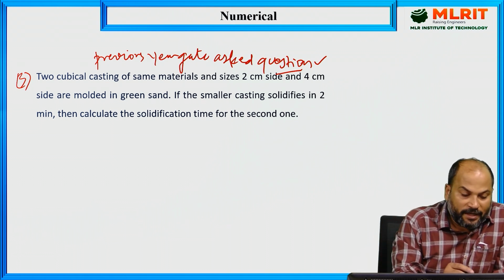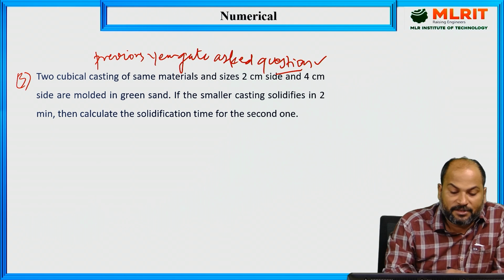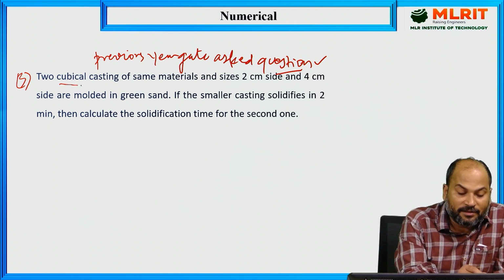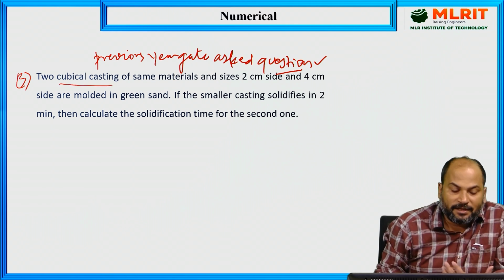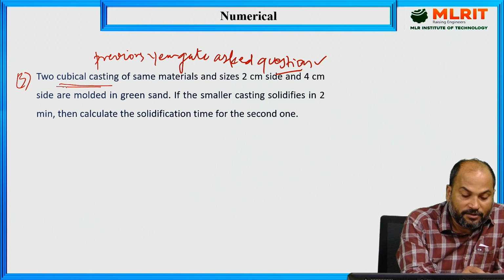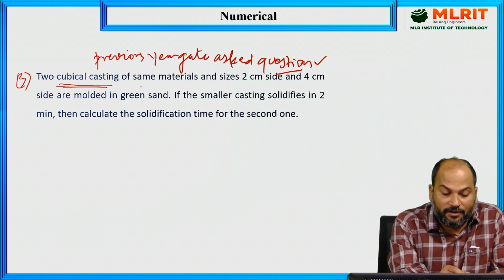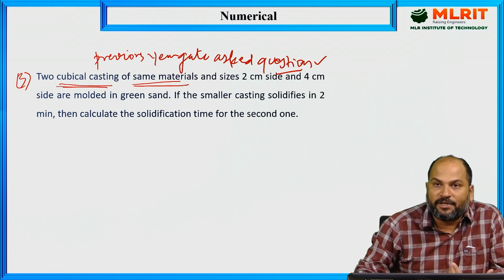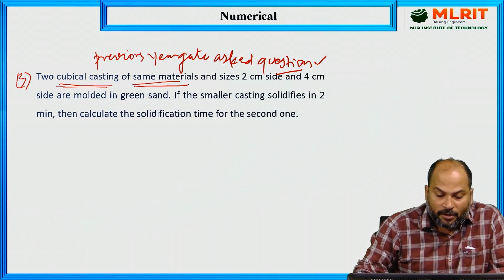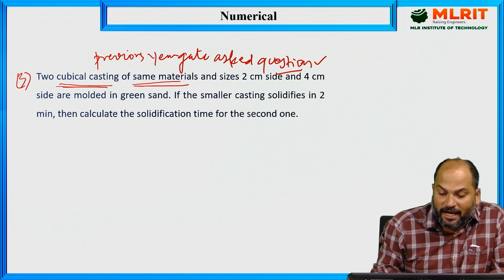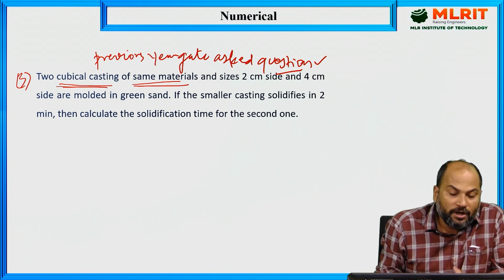So what this numerical reads: 2 cubical castings of the same material. 2 cubical castings means the shape of both castings is the same, both are cubic shaped, of the same material. The material is also the same, so obviously the solidification factor will also be the same. And sizes 2 centimeter side and 4 centimeter side are molded in green sand.